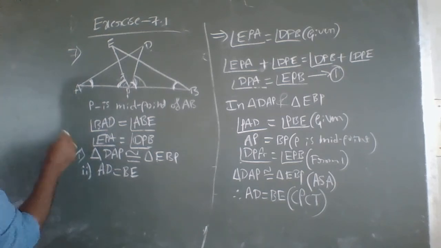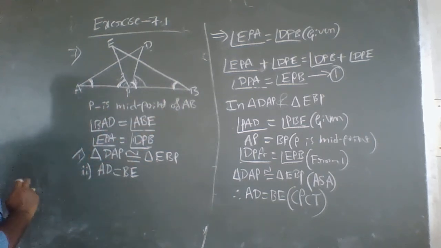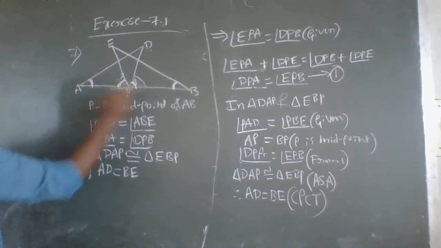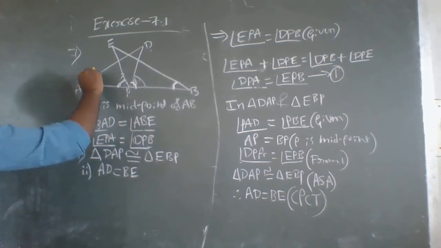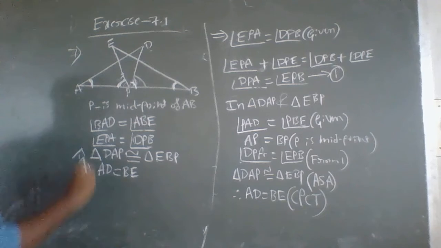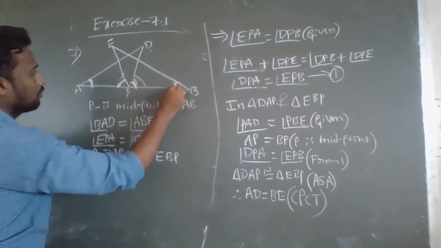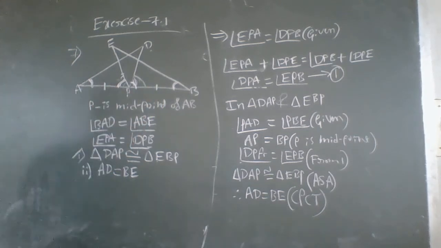To prove this, already they have given that angle A is equal to angle B and P is the midpoint of line AB, therefore AP is equal to BP. So we have one pair of corresponding angles equal to each other, and two sides equal, and we should have another pair of corresponding angles equal to each other.